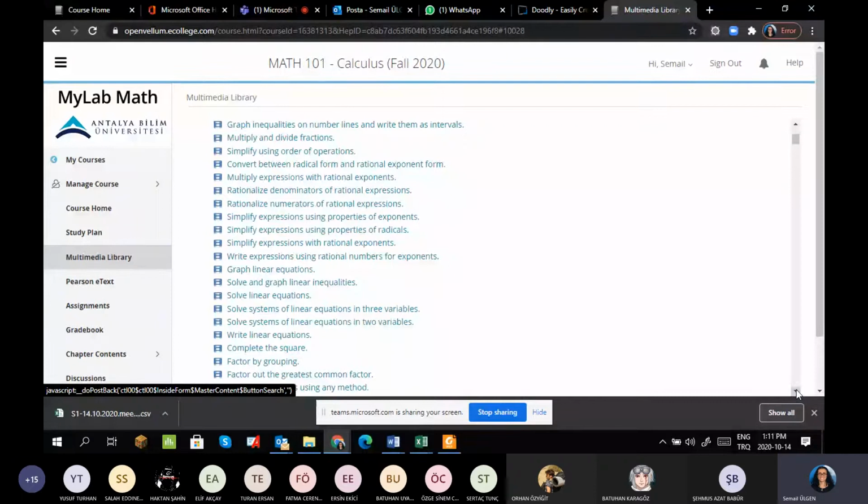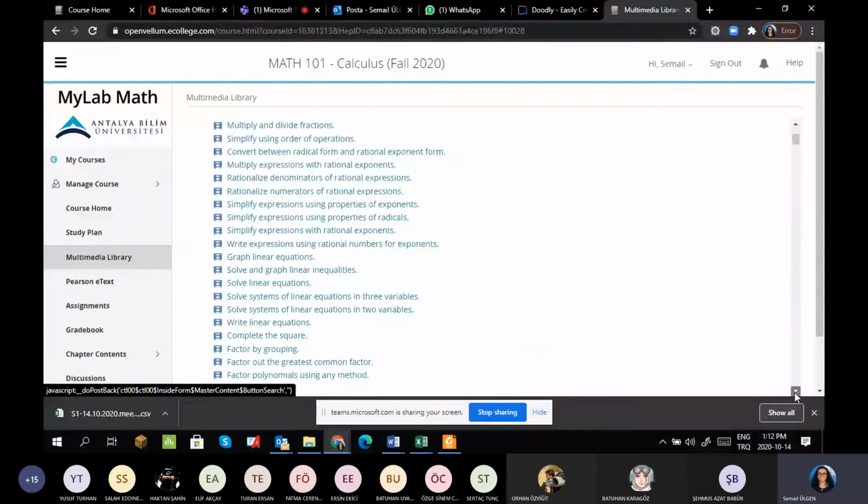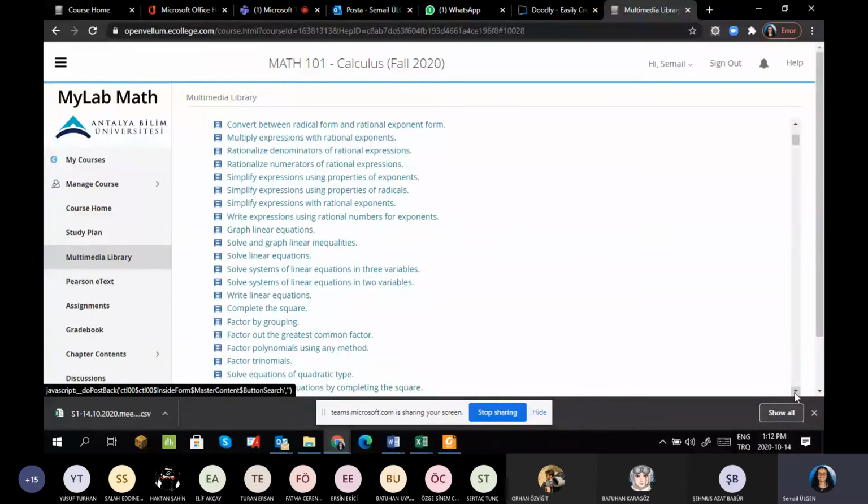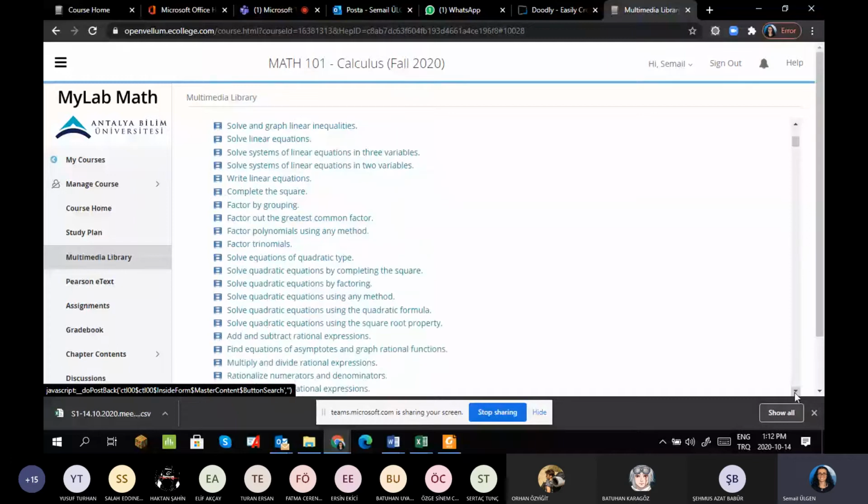So this part is just for review. You can just click on, for example, let me do one thing here, just a sec. Maybe logarithms. I'm looking for the graphs of logarithms, where is it? Just a sec.